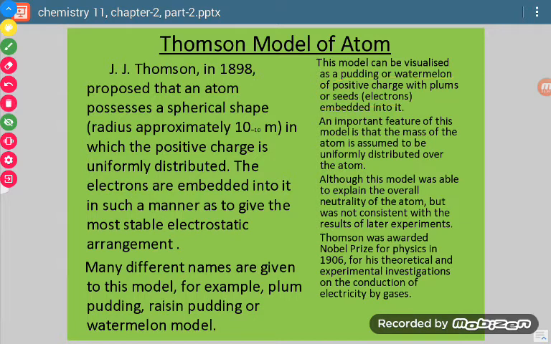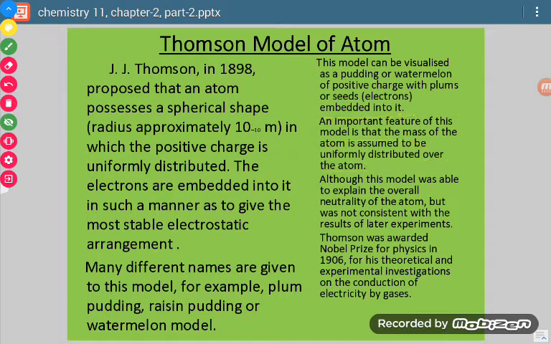Now one more important feature of this model was that it was assumed that the whole mass of the atom is uniformly distributed. This is important. This was proposed by Thomson.